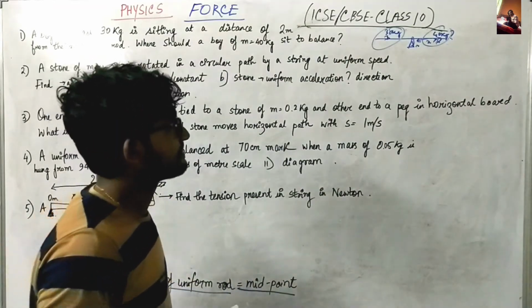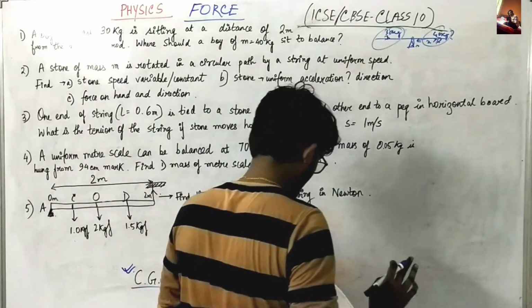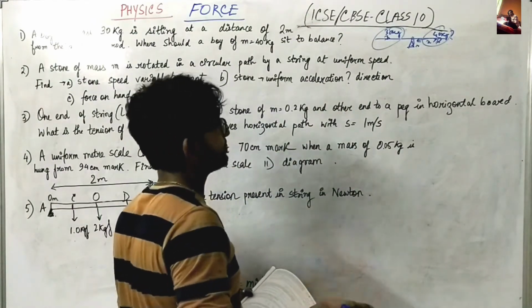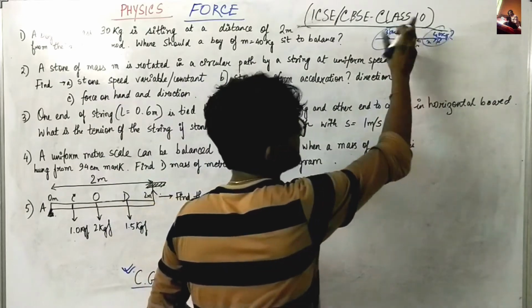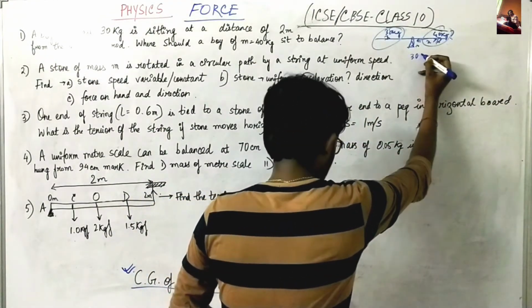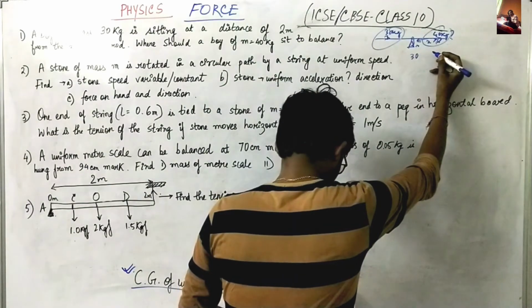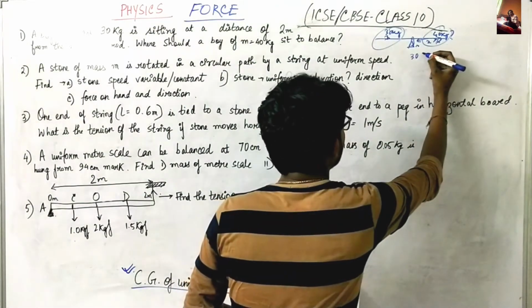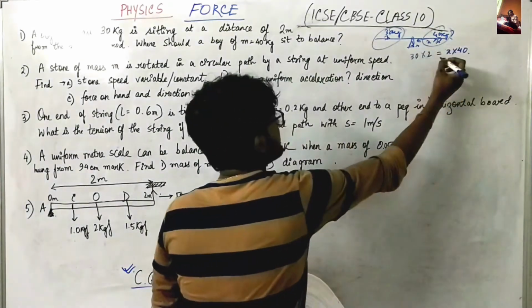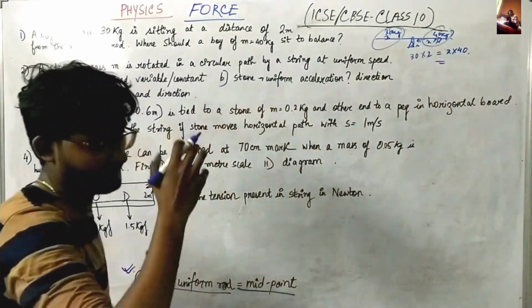In such conditions, the forces will be equal and opposite, so these two balance and neutralize. So force into displacement will be equal to x into 40. From this equation we will find x.